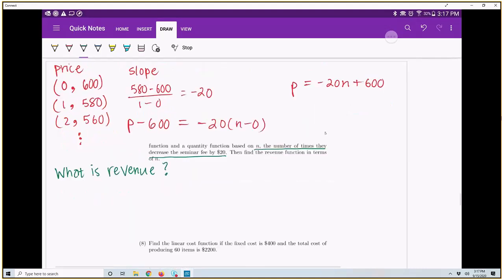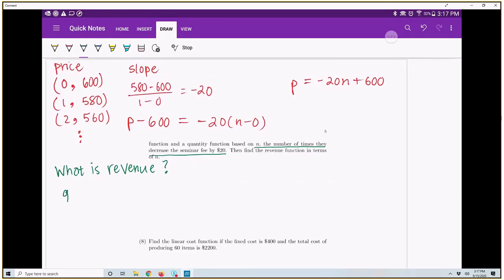So revenue is just the quantity of items that we sold times the price at which we sold them. This is in general for any business model situation. So in our case, the quantity of people attending our seminar versus the price that we charge them to attend the seminar.